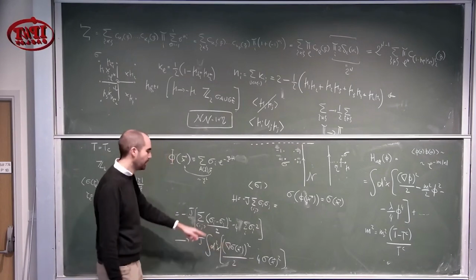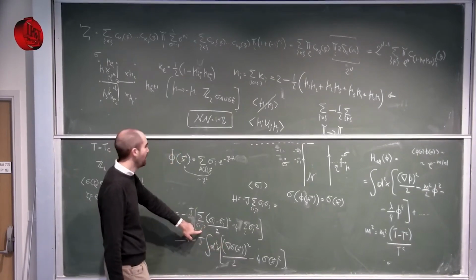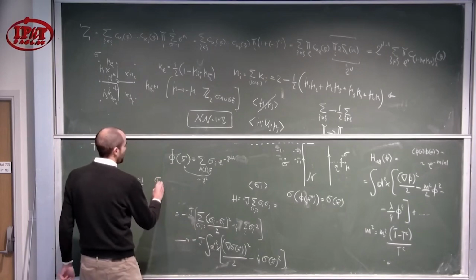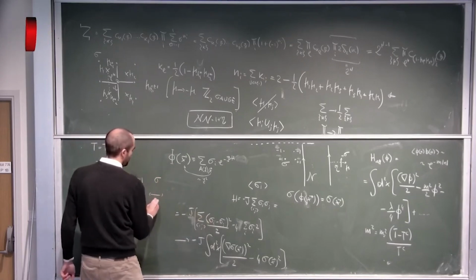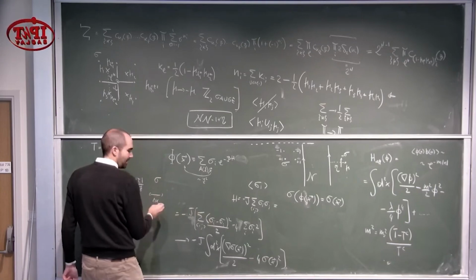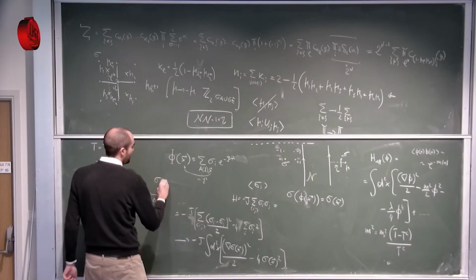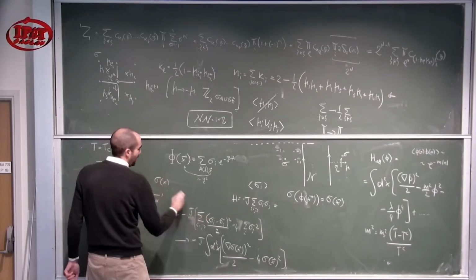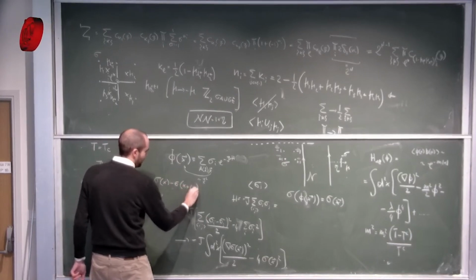Yeah. So here, remember this is a sum over nearest neighbors, right? So let's say that now the spacing between nearest neighbors is becoming very small. Let me call it delta x. So I can write sigma of x minus sigma of x plus delta x.